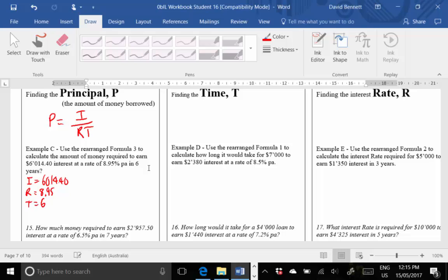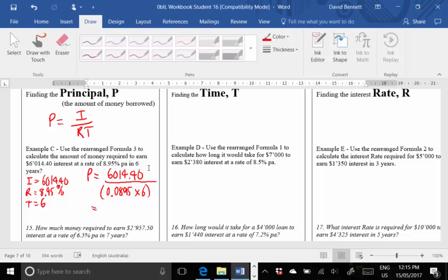Now you don't have to do that, but we know we're looking for P. All right, so P is equal to, we've got our formula above, so I'm going to put the things into the formula, 6014.40 all over, and on the bottom line we're going to have 0.0895, because that's what 8.95% is as a decimal, and then we have to times that by 6.